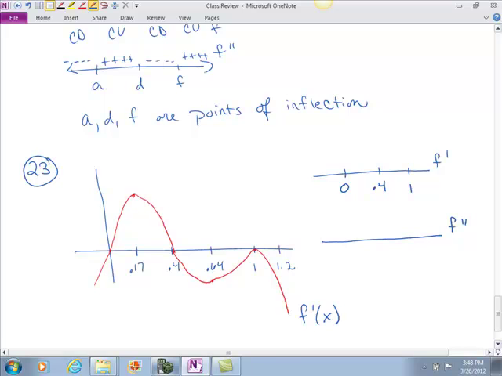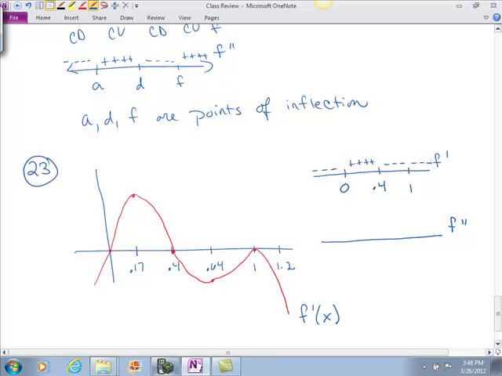Now we want to know whether the derivative is positive or negative. From negative infinity to 0, we are getting negative y values. Between 0 and 0.4, you have positive y values. Between 0.4 and 1, you have negative y values. And from 1 to infinity, you also have negative y values.